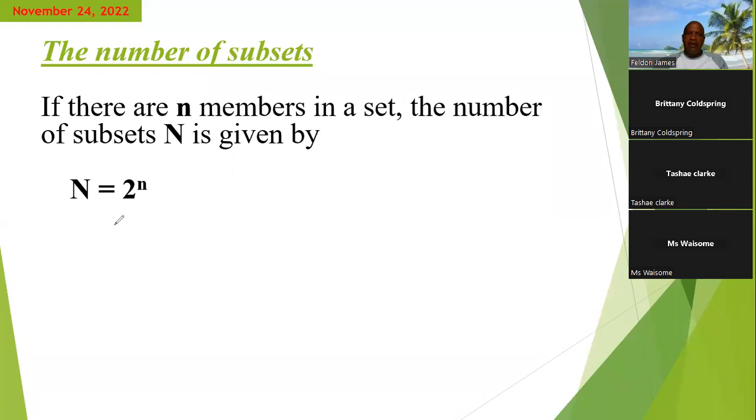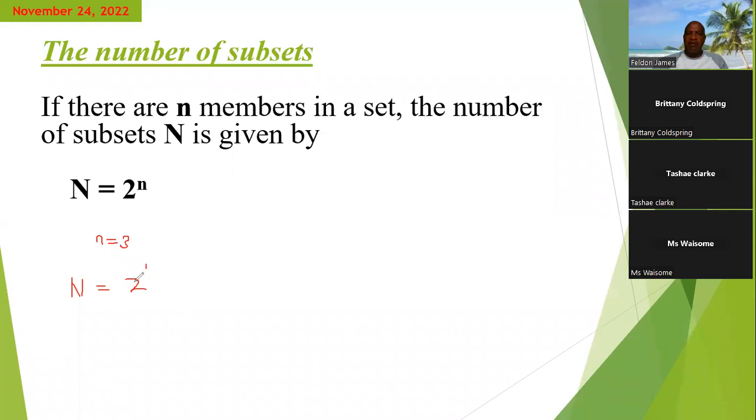Right. So if small n is the number of members, then for the first set, small n would be equal to 3. And if you substitute that 3 in this formula where the small n is, you would have the number of subsets to be equal to 2 to the third power.